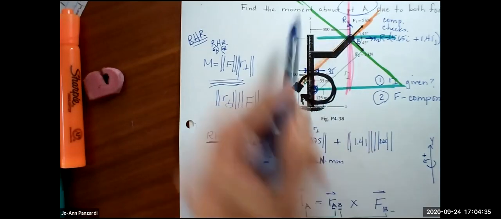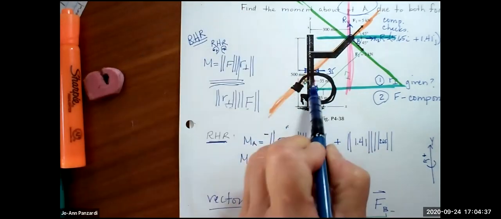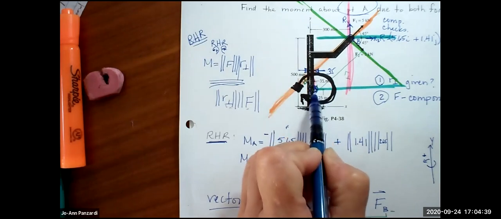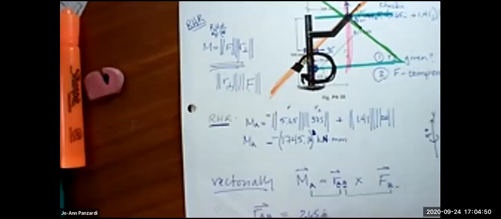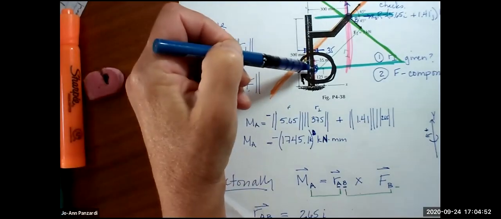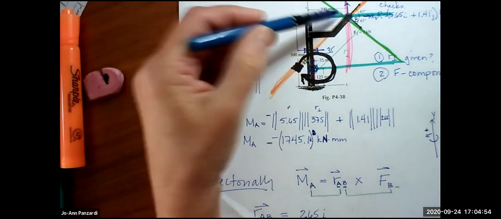Right, it's 300, but it's 300 to the middle of the bar. And remember, this is 35 and A is on the edge. So you have to subtract these two. So it's 265. And is it going from A to B? Is it in the positive X direction? Yeah. Great.